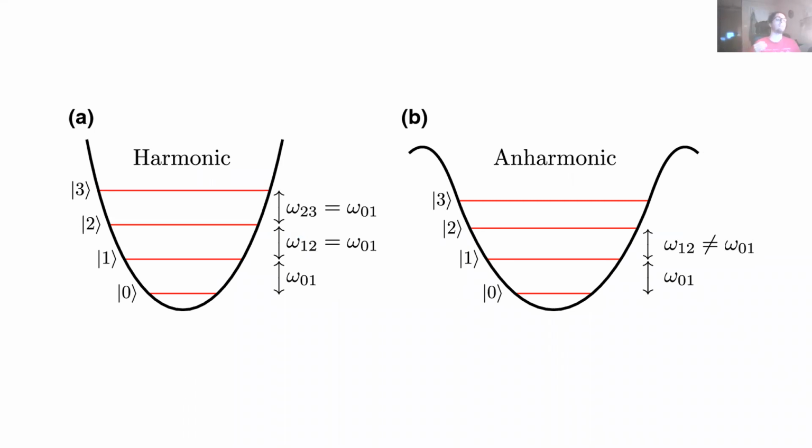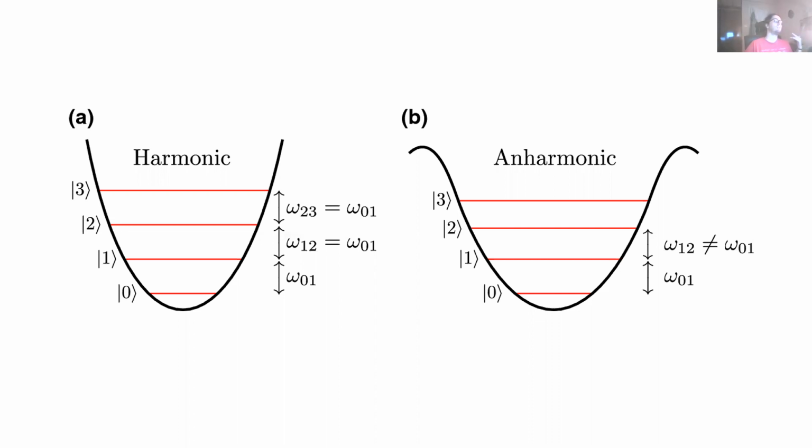For those who have taken quantum mechanics 101, or maybe I'm not sure what the class name is, in section A you see the harmonic oscillator with its states, where the zero ket is the ground state, which means the lowest possible state that the system can be in. Omega 01 means the frequency you need to increase your energy from the ground state to the first excited state, which is the 1 ket.